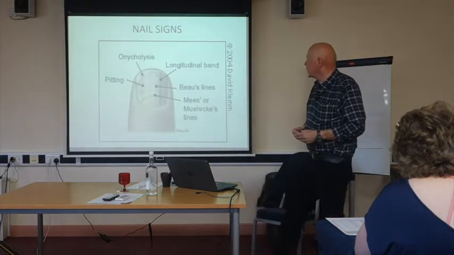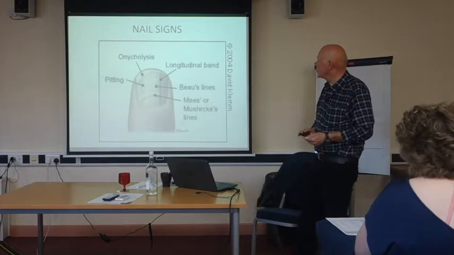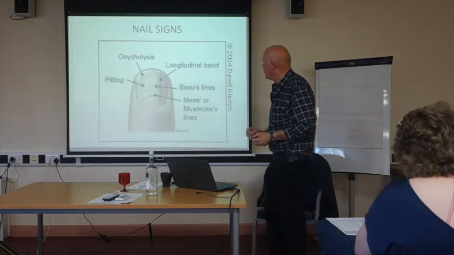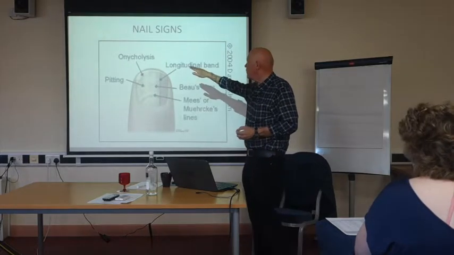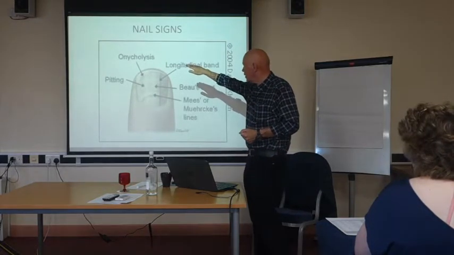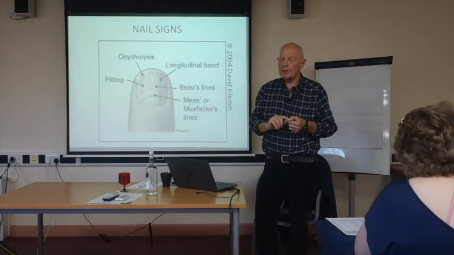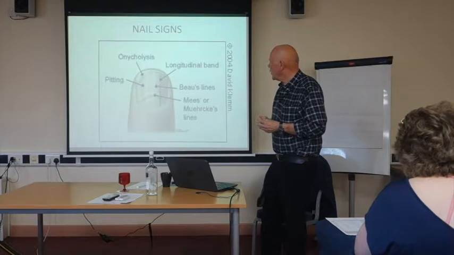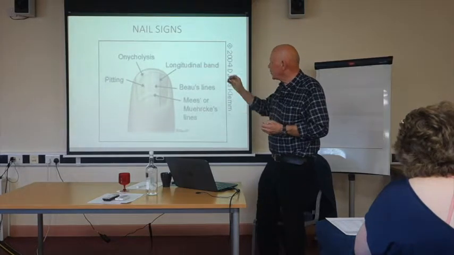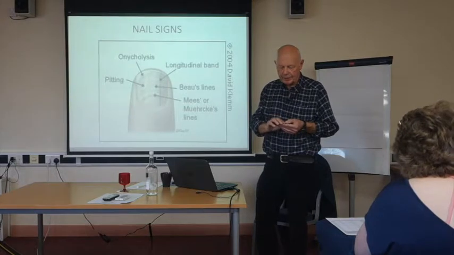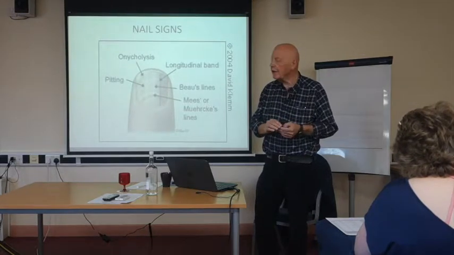There's various things that can happen with people's nails. You can get onycholysis, which is the nail almost delaminating, breaking up. That sort of thing can be caused by fungal infections or physical injury to the nail.